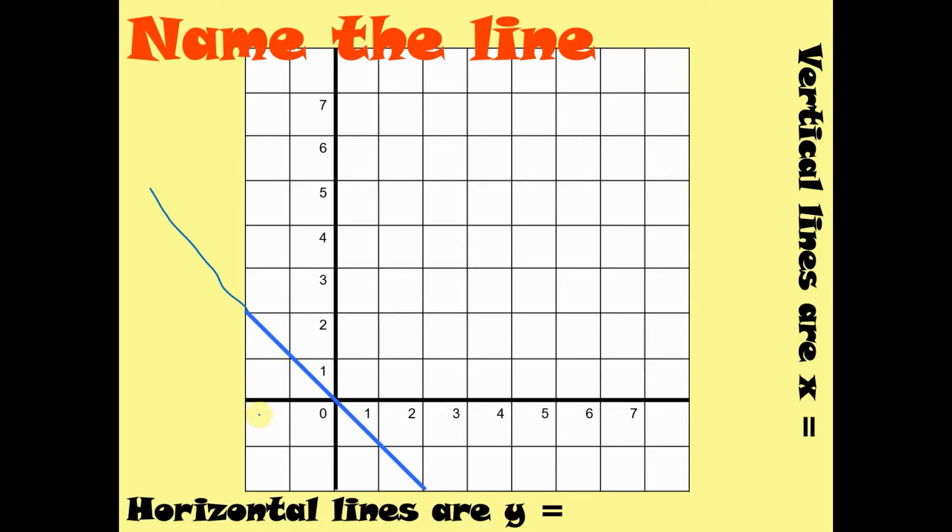So if we take some points on this line, when x is equal to -1, y is equal to 1.